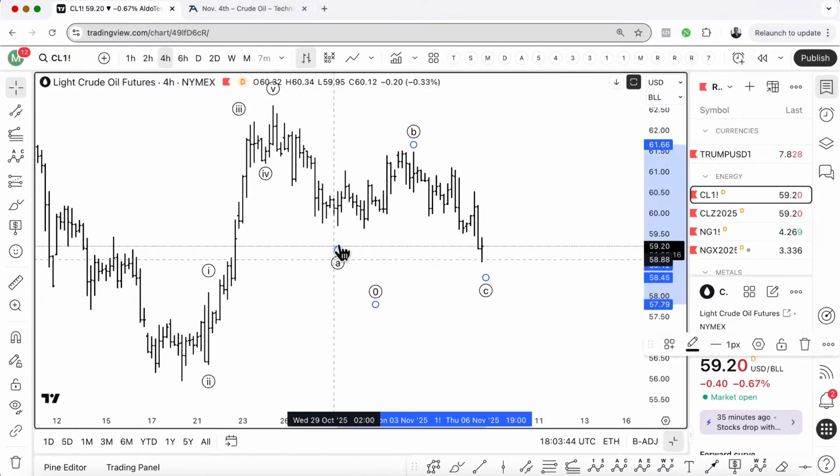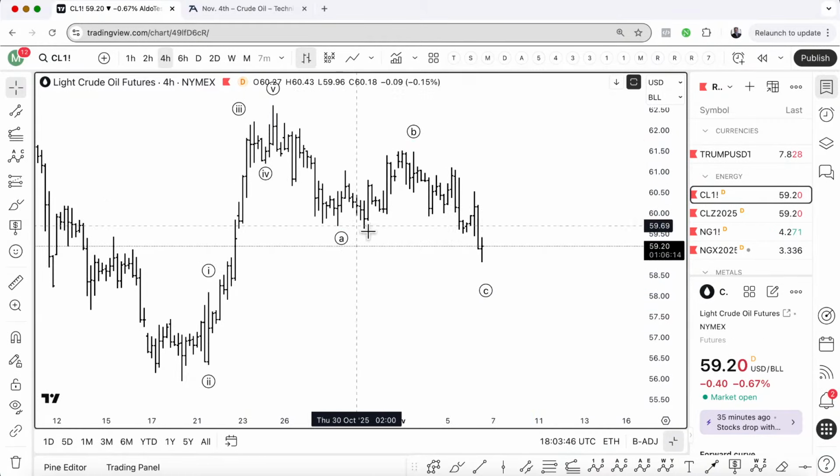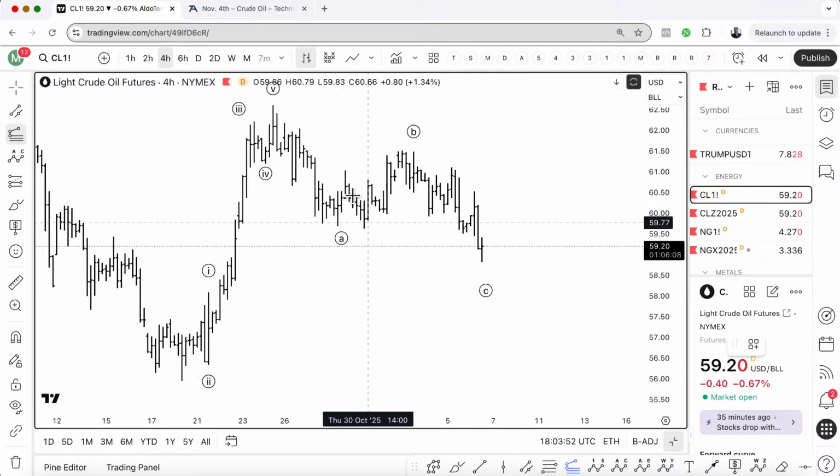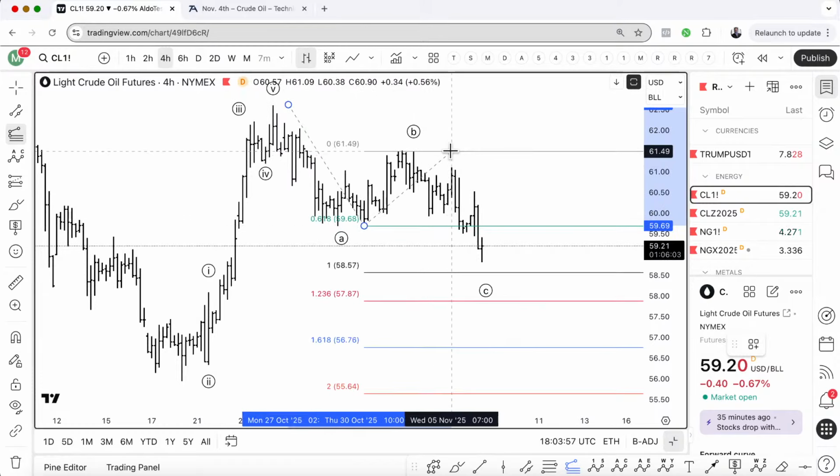Okay, so first of all, A equals C is a wonderful guideline. Sure, that's a wonderful thing. It goes to 58.57. Okay, fabulous. This place is likely going to be offering severe support and probably sending prices up if it's not sending them already up, right? Now we know this is 58.50, right?